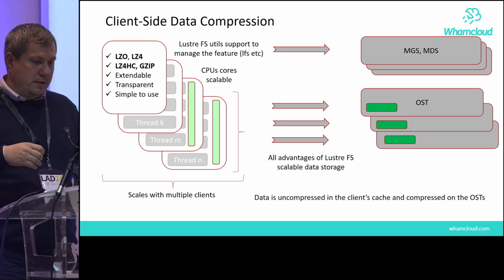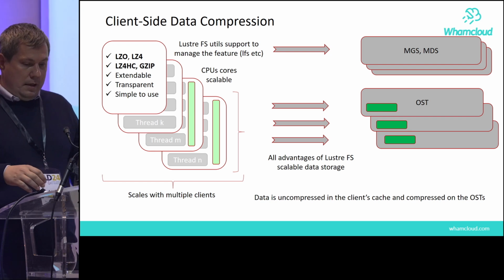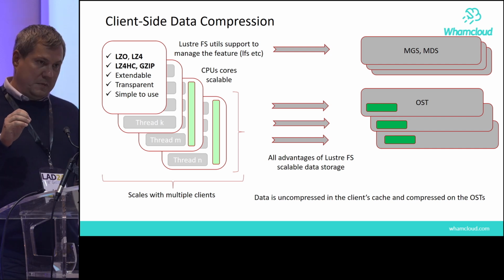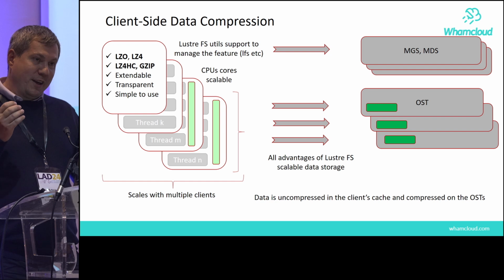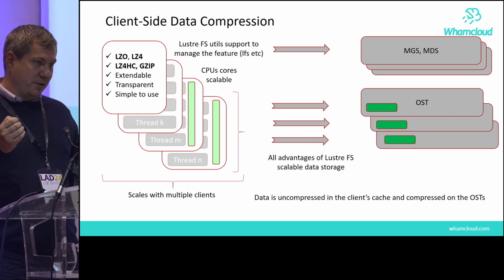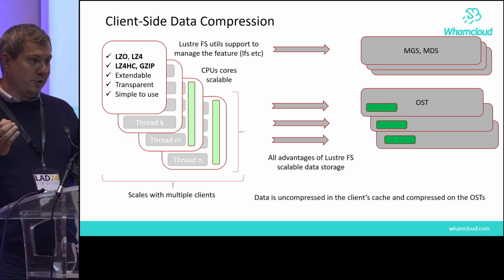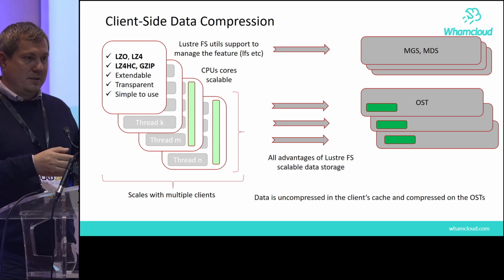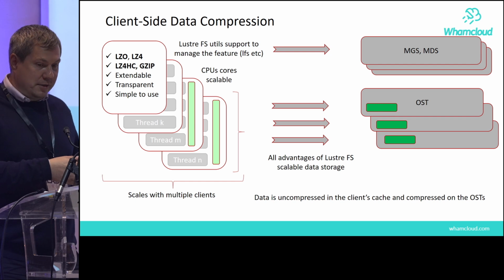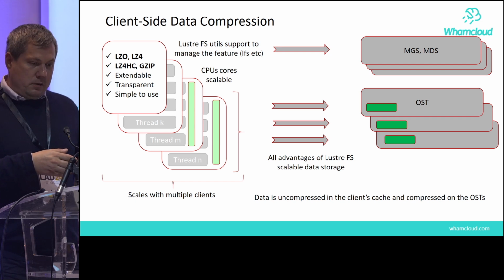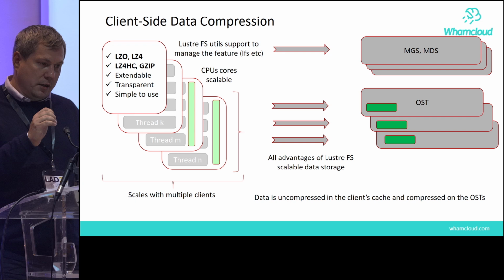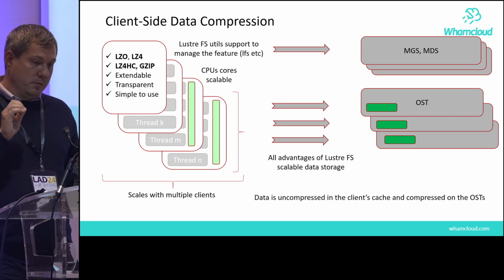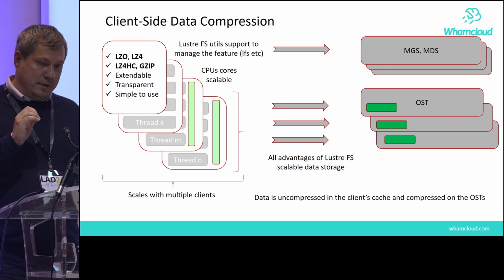So it's fast, it's scalable. But because of this network nature of Lustre, of course, this gives some troubles that should be solved. So it's not as easy as compressing data on a local file system. I will give some information about these problems and how they are solved.